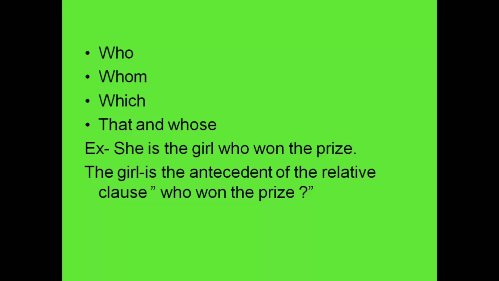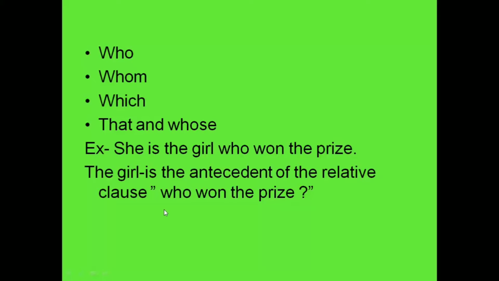Relative clauses usually begin with words such as who, whom, which, that and whose. They are called relative pronouns. A noun phrase to which a relative clause is related is known as its antecedent. Take an example. She is the girl who won the prize. Here the girl is the antecedent of the relative clause who won the prize.